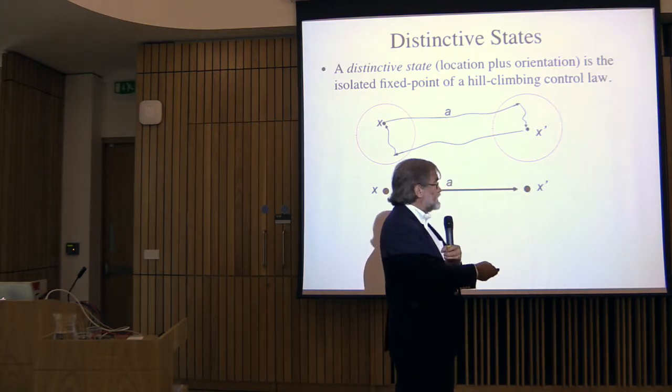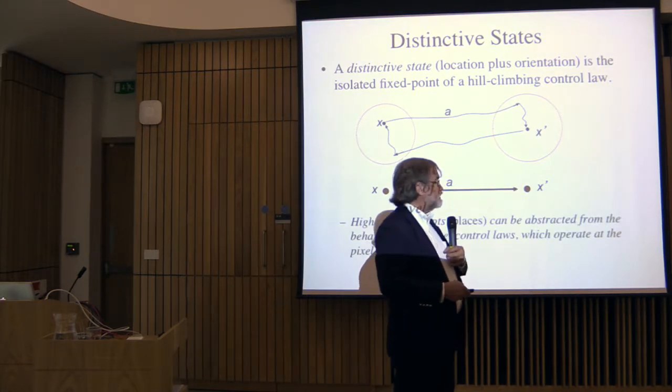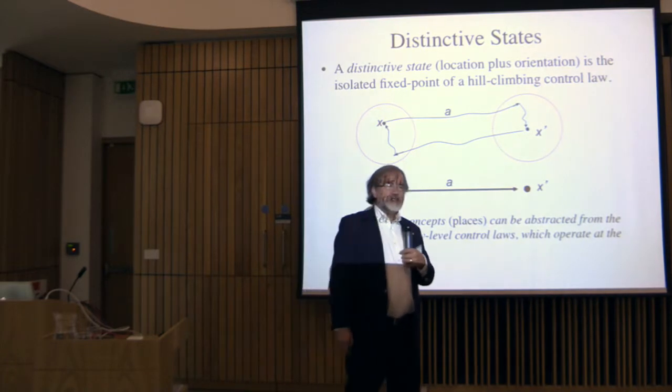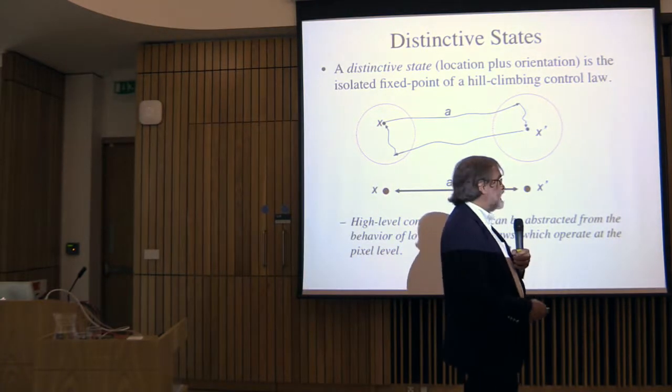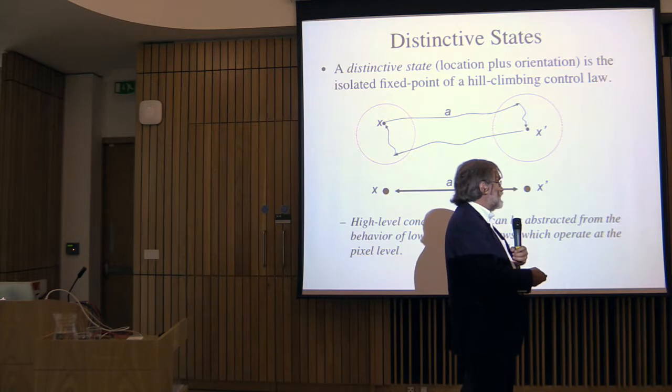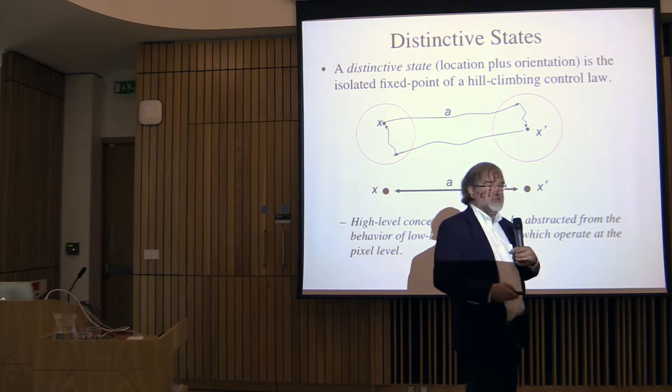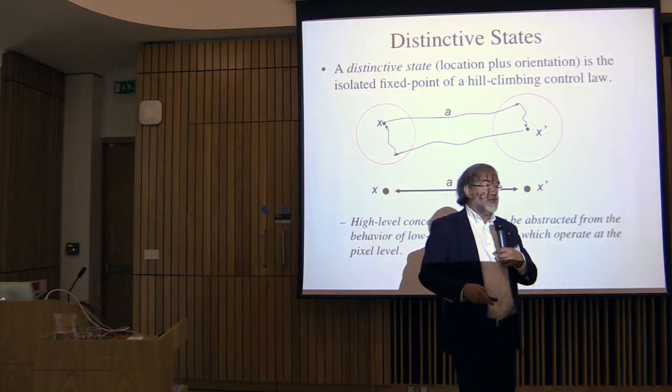Based on this, I'm now going to be able to build topological maps. This was a really exciting notion that I can start with the behavior of low-level control laws and abstract out high-level concepts, in this case places and path segments.